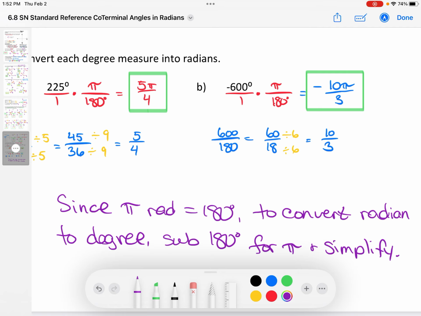Pi is 180 degrees, so to convert, you can replace pi with 180 and simplify. Now, that only works if you already have a pi in the problem. That's why I taught you the ratio multiplying first.